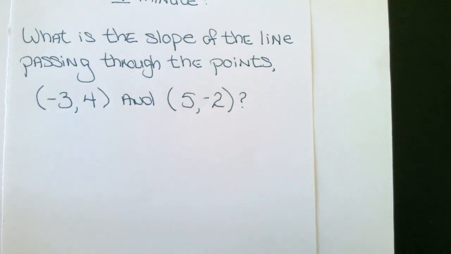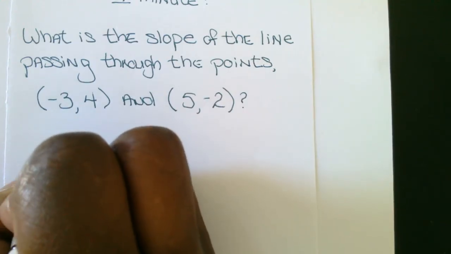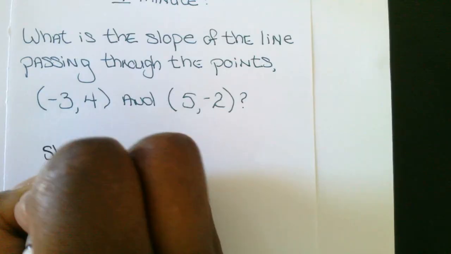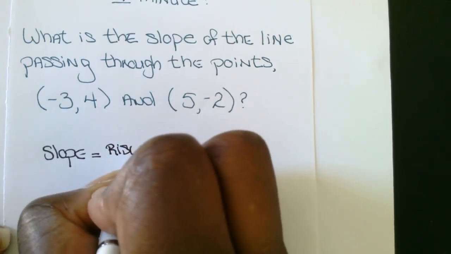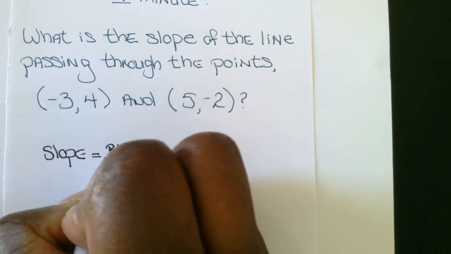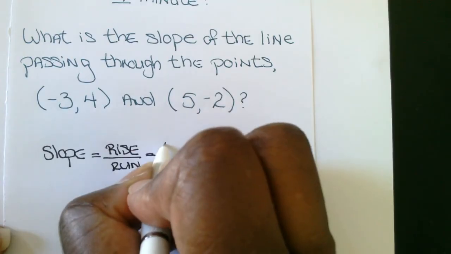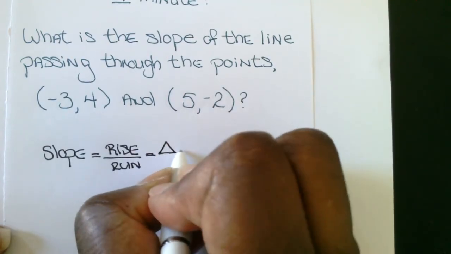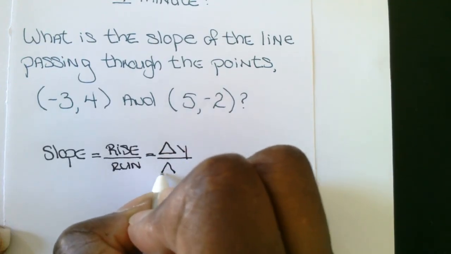So let's take a look. Now, slope, as some people will remember, is your, some people like to say, rise over run. But it's also known as the difference or the change of your y's over the change of your x's.